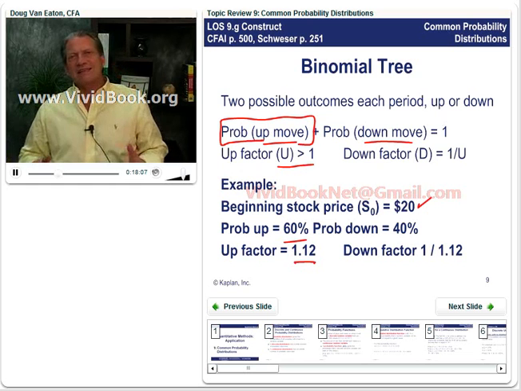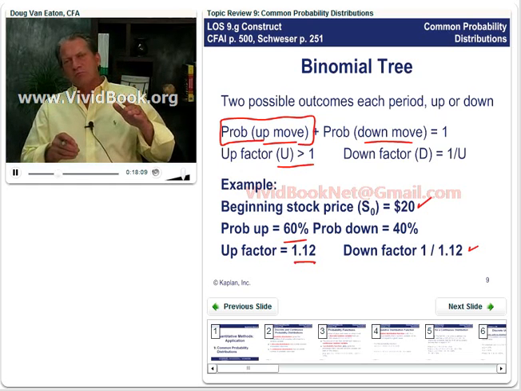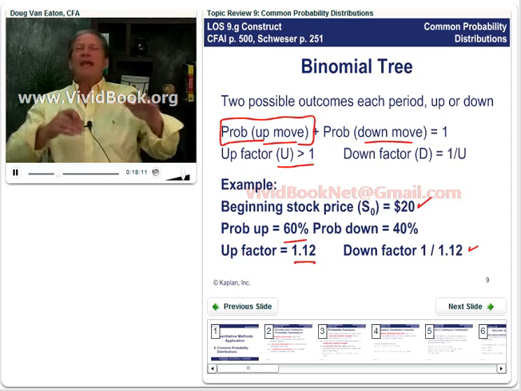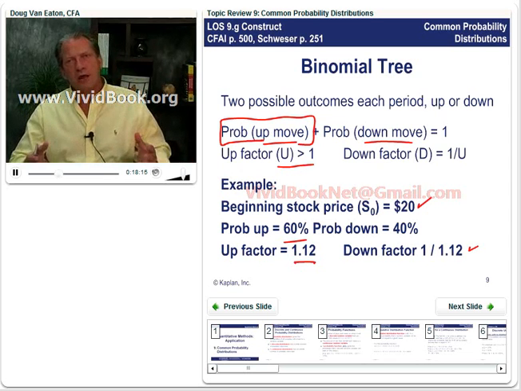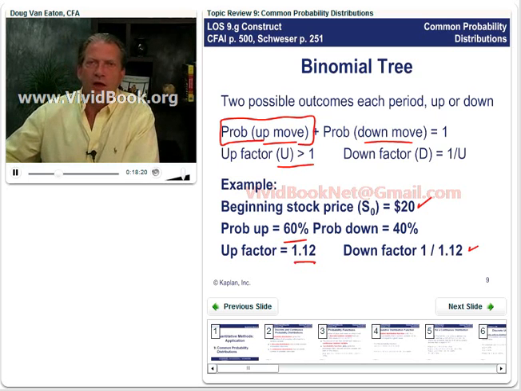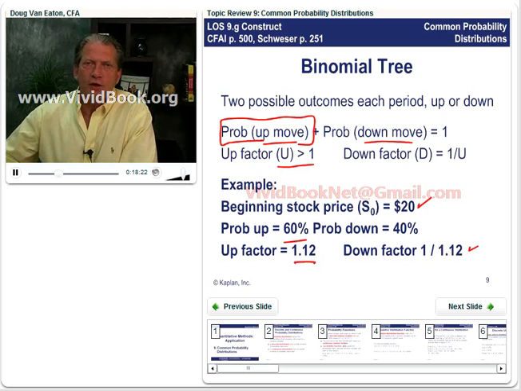And one thing that does is if we have an up move, multiply by 1.12, and then we have a down move, divide by 1.12, we're right back where we started. So that's why we use the up and down factors that way. So if we know the up factor, we can calculate the down factor. If we know the up probability, we can calculate the down probability, or vice versa.